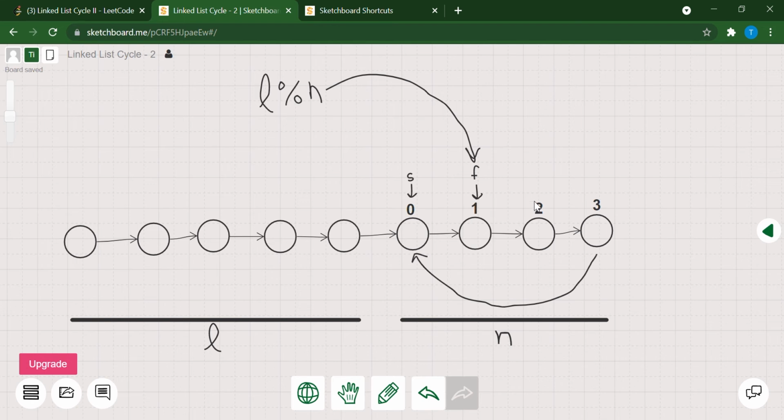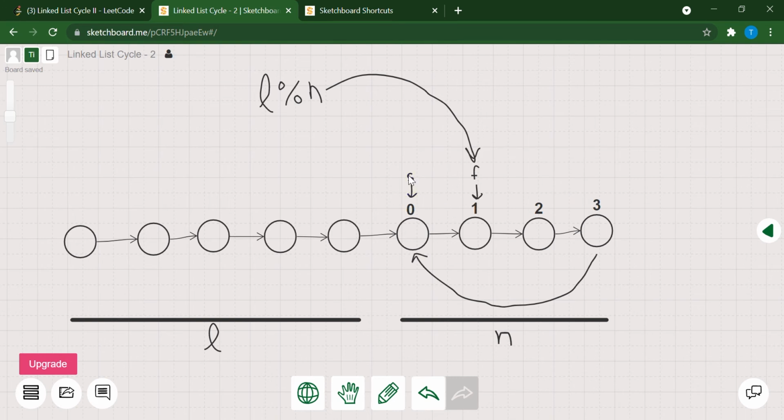So we figured out that it'll take 3 iterations for the fast and the slow pointer to come to the same node again, and for Floyd's algorithm to end, right? So in 3 iterations, where will the slow pointer end up?